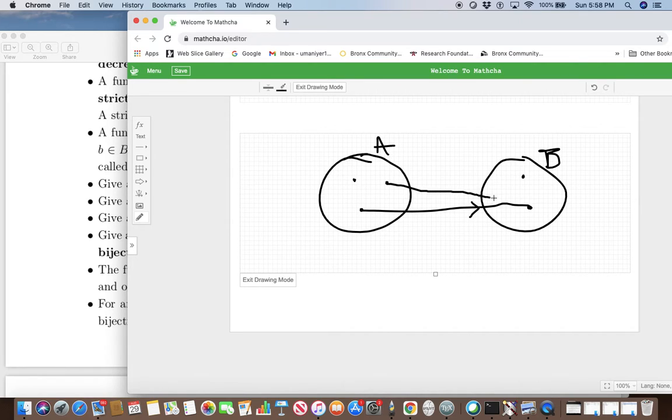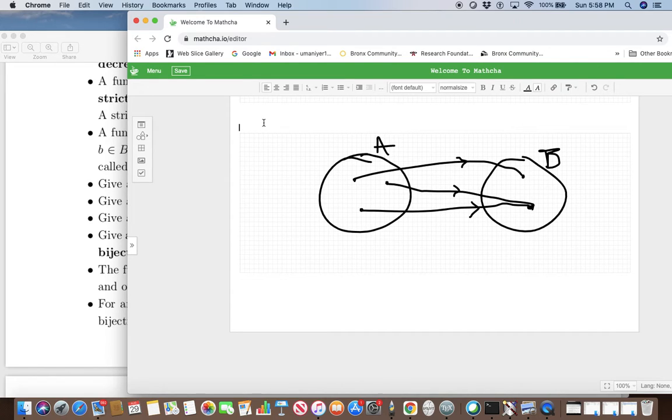This element also goes here. And this element goes here. Then this function f is surjective because every element in B is an image of some element from the left, but it is not injective because 2 different elements are landing in the same image.